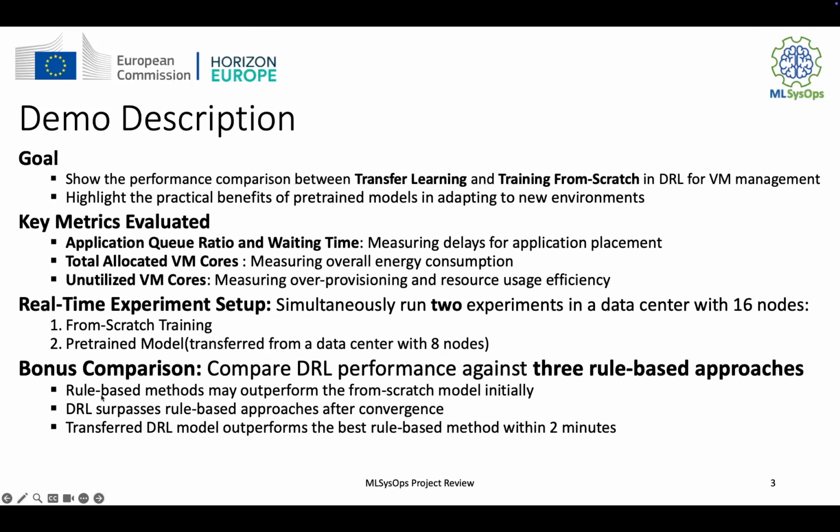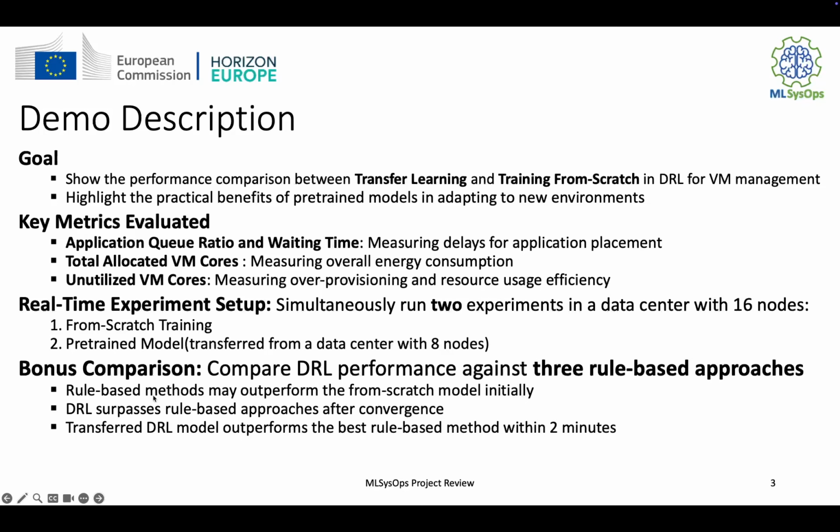We will see that at first, rule-based approaches outperform the from-scratch model. Also, we'll see that the deep reinforcement learning approach surpasses the rule-based approaches after convergence. So this means that this from-scratch model in the end outperforms the rule-based approaches, but this takes a lot of time.